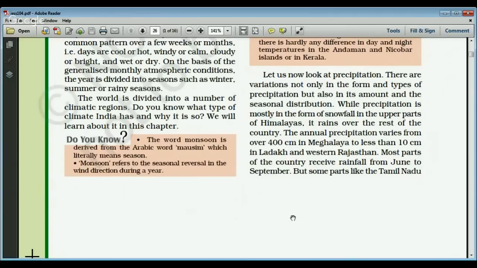Then the factor of Coriolis force comes, and thereby this southeast wind will be deflected towards the right, and their direction will change from southeast to southwest. That is why they are known as monsoon winds, and it is said that they are the southwest monsoon.